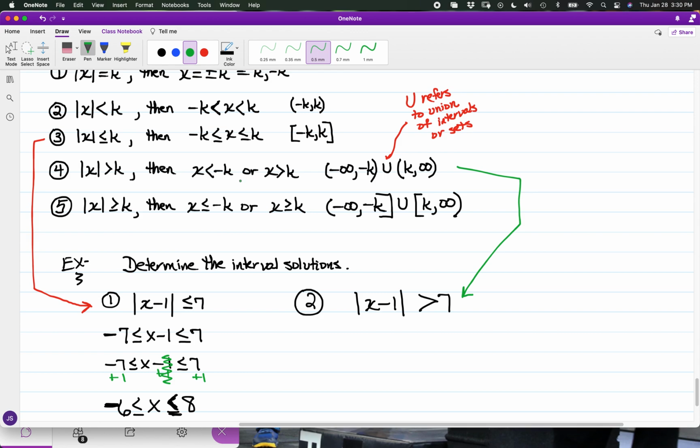So x is less than negative k. This will translate out to x minus 1 is less than negative 7. Or it could be where x is greater than k, which would translate out to x minus 1 is greater than 7.